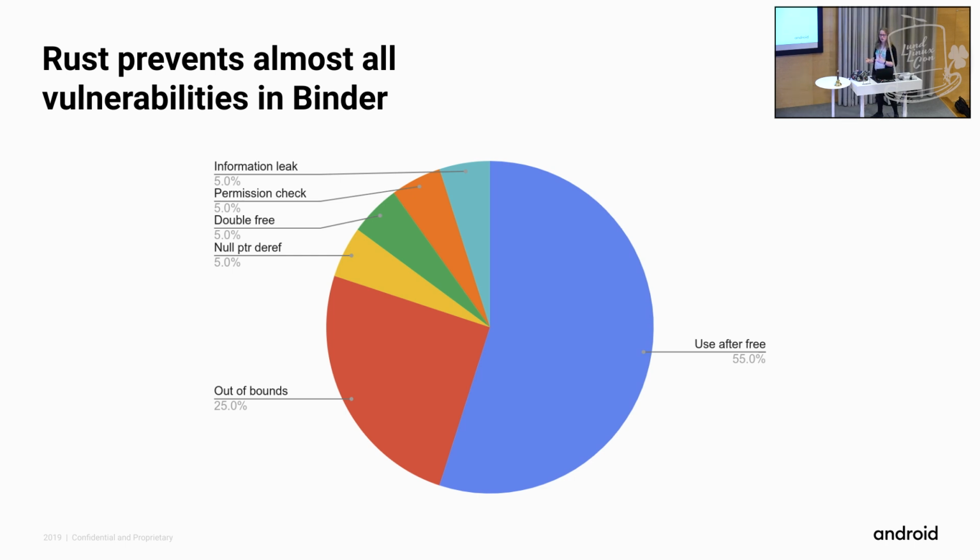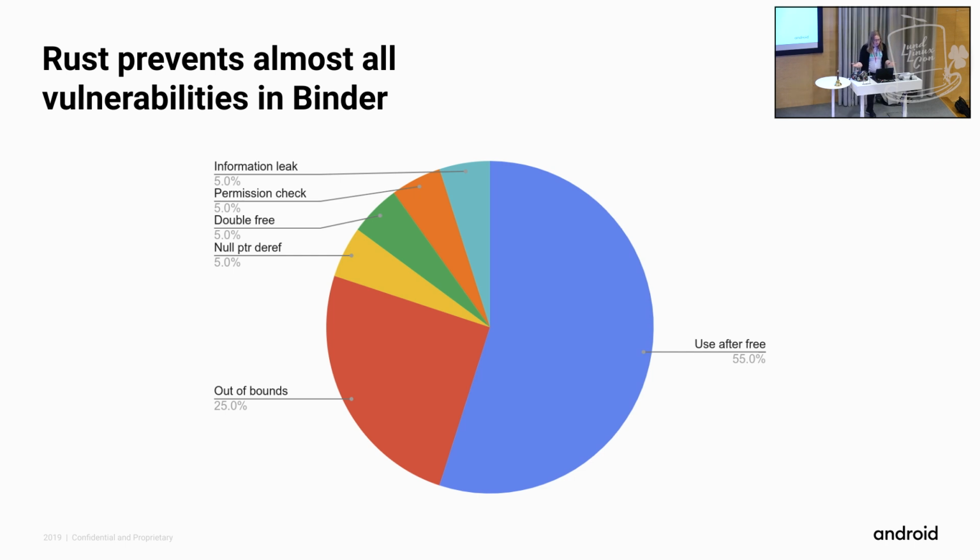The other thing is, I mentioned that C has a history of having a lot of vulnerabilities. And if you actually go in and look at the list and categorize them, you will find that the vast majority of them are things that Rust would have caught or would have prevented.